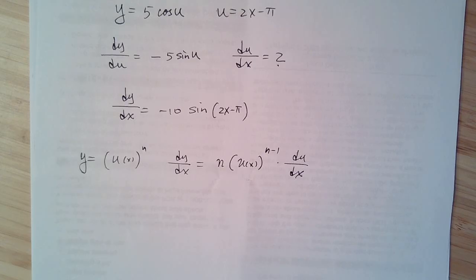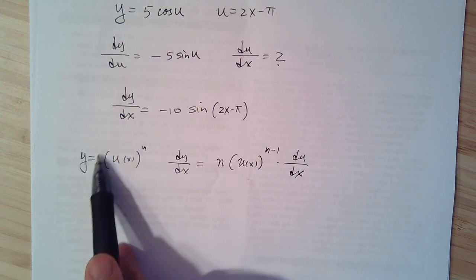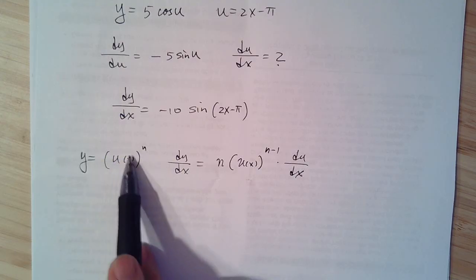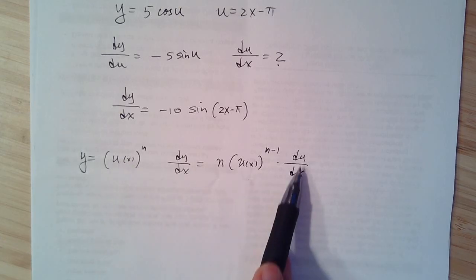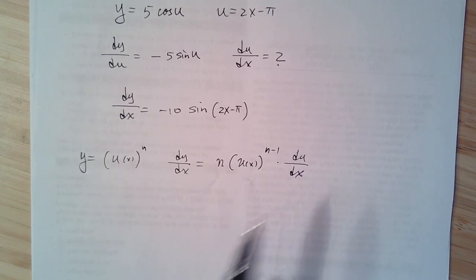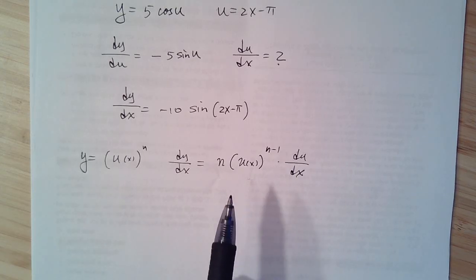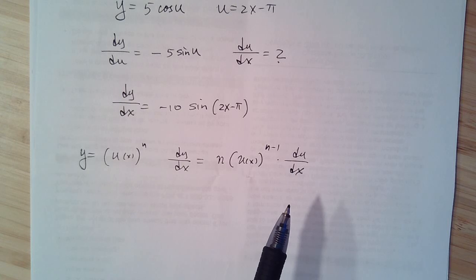So this is what we did earlier, and this is called the general power rule. So you're not only bringing this n to the front and reducing the power by 1, but also taking the derivative of the inside, du over dx, and writing that at the end. I think this one you can just do by the chain rule. It's not really hard.